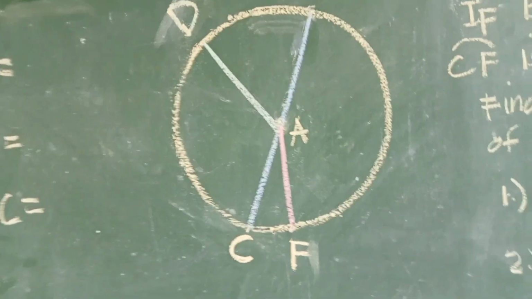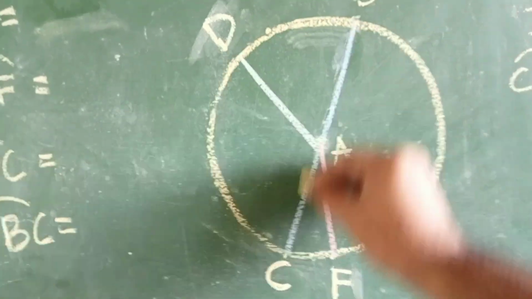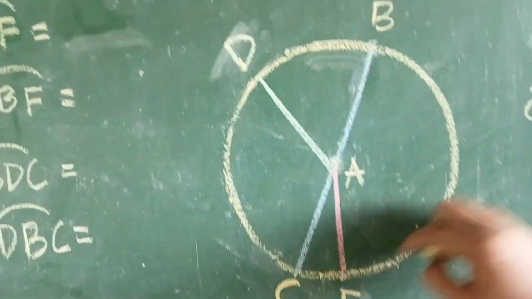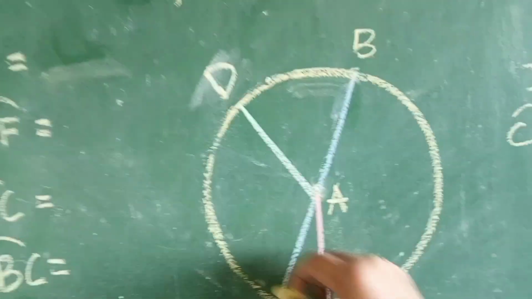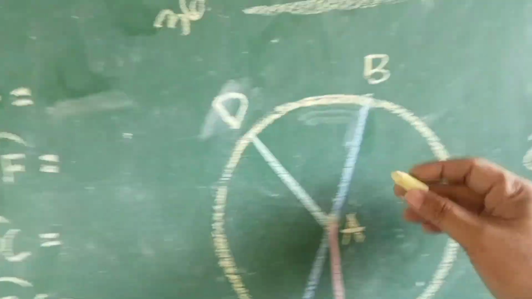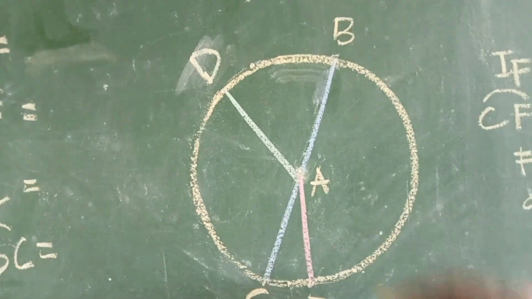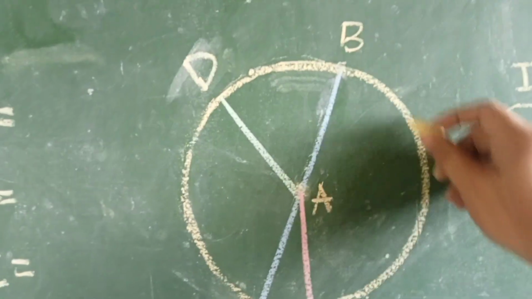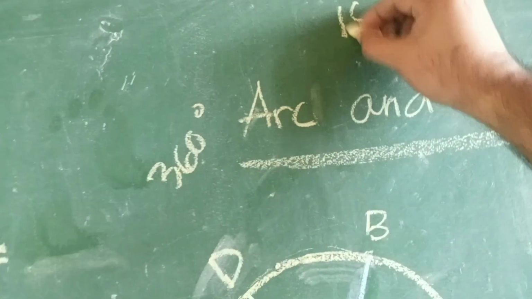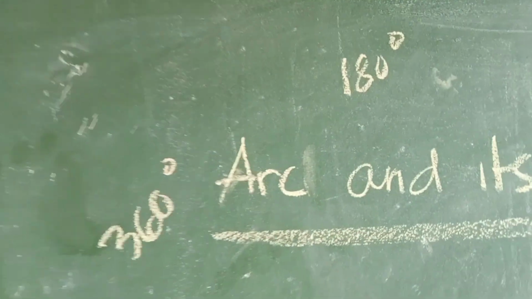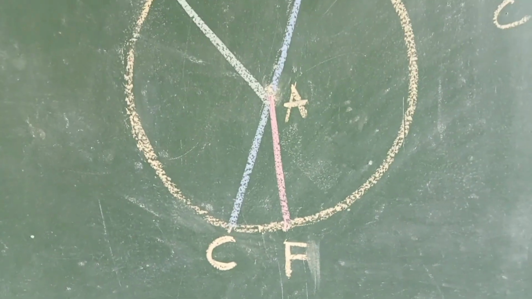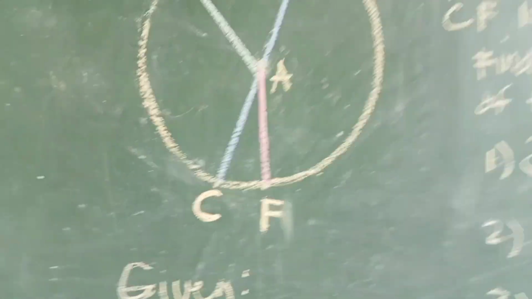Again, the diameter divides the circumference into two equal halves. Since the complete rotation is 360 degrees, always remember that half of the circumference, or half of the circle, is equivalent to 180 degrees. You have to remember this, class, because this will help you determine the exact value of an arc.